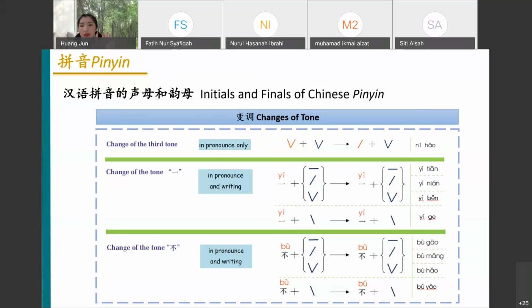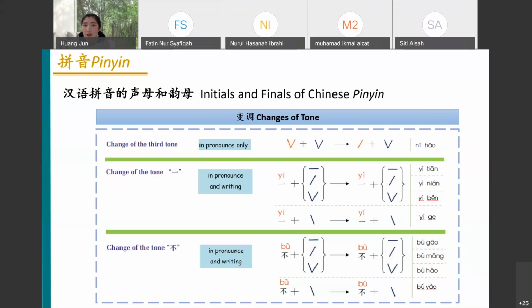But when we put 你 and 好 together, it means hi in Mandarin. So if you hear people say 你好 to you, we also answer with 你好. When we say hi to someone, we are not reading 你好 with two third tones because that is too difficult to pronounce. So we change the first word into the second tone. That's why when we say hi to people, we use 你好.